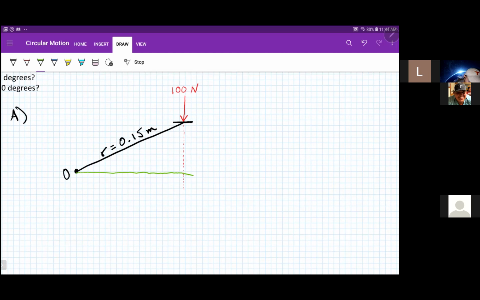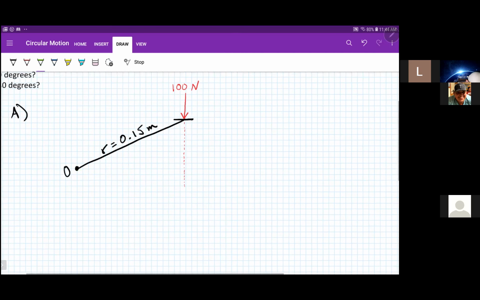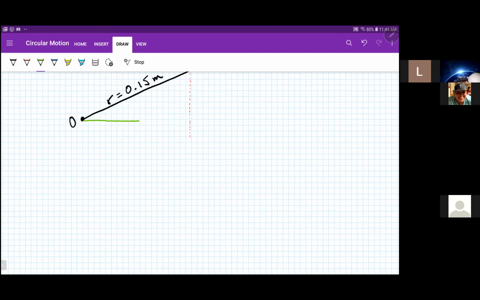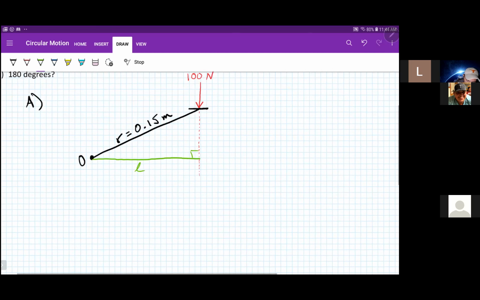Let me do that. Okay, and so then I can use that tau is equal to L times F. That's a lot easier. The math is going to be easier.